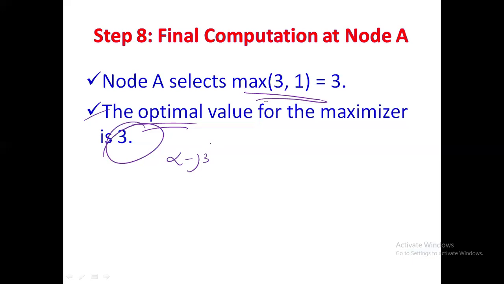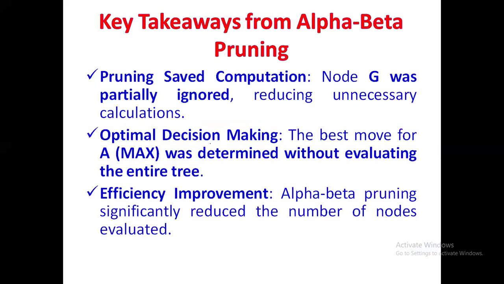And what are the key takeaways from this alpha beta pruning? That means the impact of alpha beta pruning. Alpha beta pruning plays a crucial role in reducing unnecessary computations by eliminating branches that do not influence the final decisions. In this example, what was pruned?